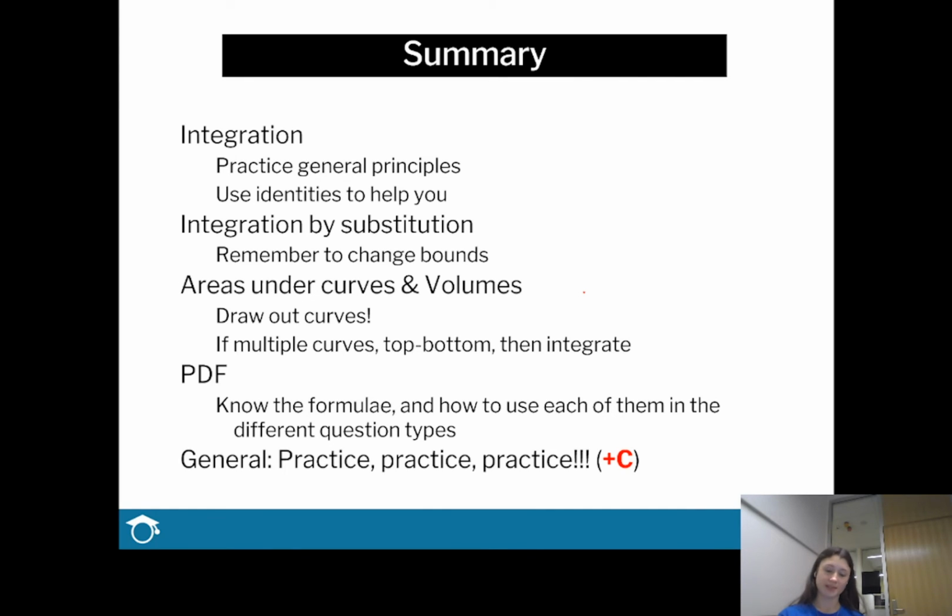Make sure that you're not missing any intersections. If you have a PDF, make sure you understand the formula. Don't mix up mean and frequency. And then, in general, just practice and remember the plus C for your indefinite integrals.